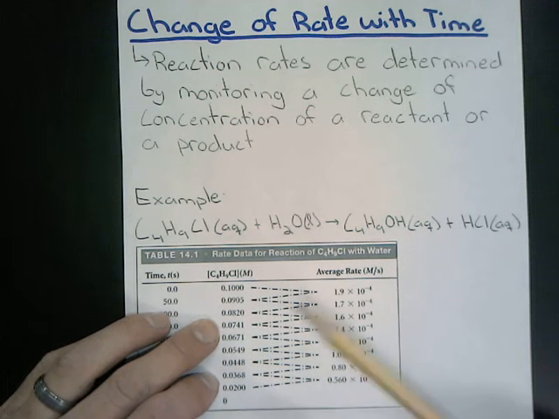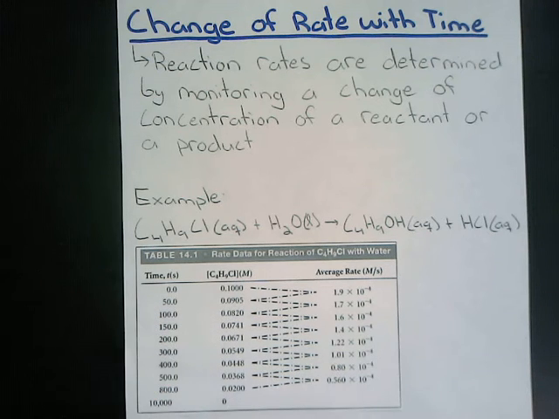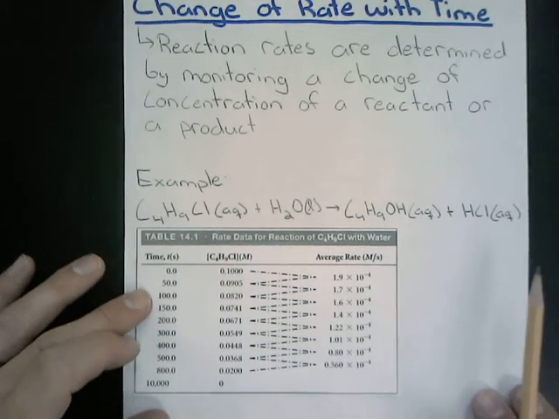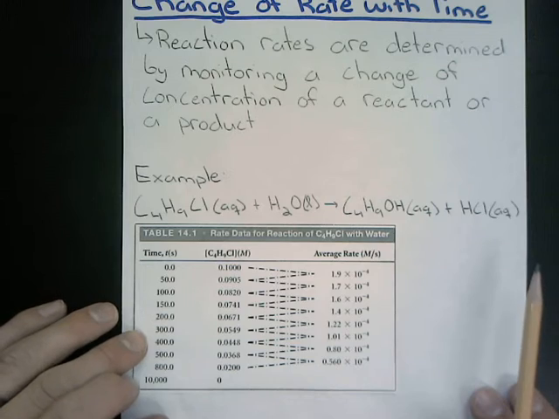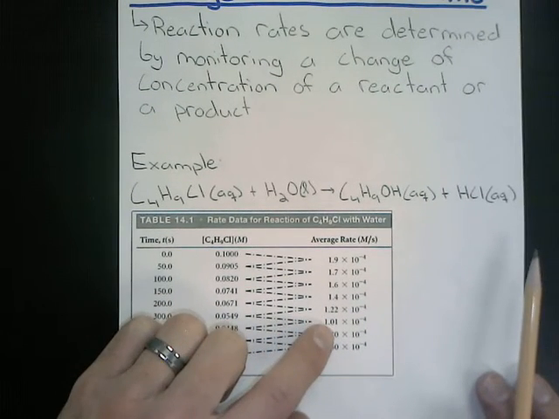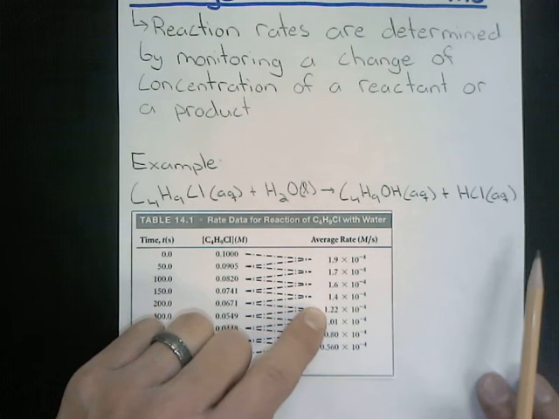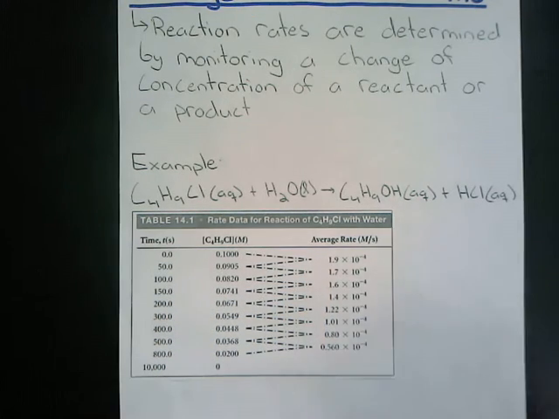Now, in an actual lab experiment, these results were obtained in the particular reaction that we see above. Notice a couple of key things. One, as the reaction progresses, so as the reaction proceeds in time, notice what happens to the rate. As we go further and further into this reaction, the rate of the reaction is going to decrease with time.